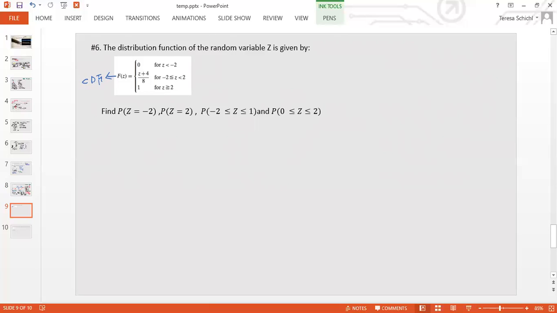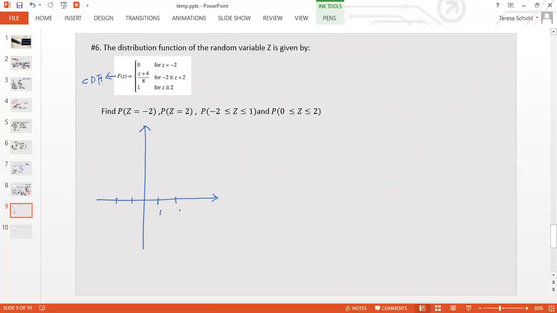Okay, so first, let's try to do a graph. When you do a graph, I think you will get a better understanding here, right? Okay, let's do the graph of the capital F. So this is 1, 2. This is negative 1, negative 2.